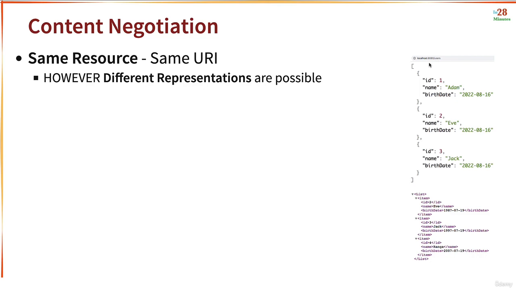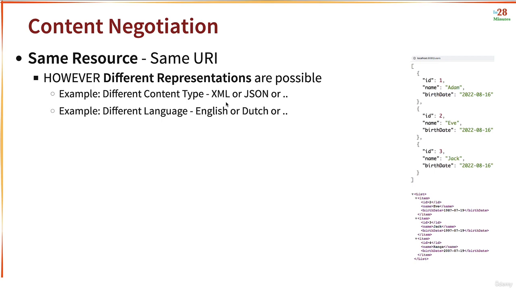I might want to get the user details in JSON format. Some other consumer might expect the response back in an XML format. So for the same resource, you might have different representations that are possible. So you can have expectations that you might be having different content types, XML or JSON. Or you might even be expecting the response back in a different language.